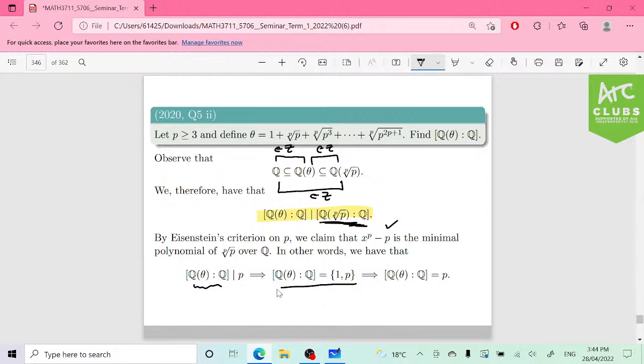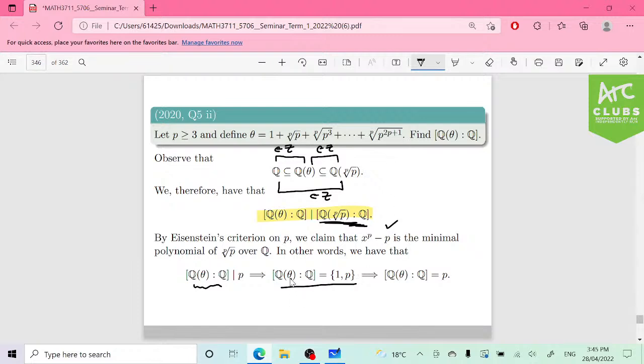So the degree of the extension is either 1 or p, but the degree of the extension can't be 1 because theta, for example, is not a rational number. It's actually irrational.